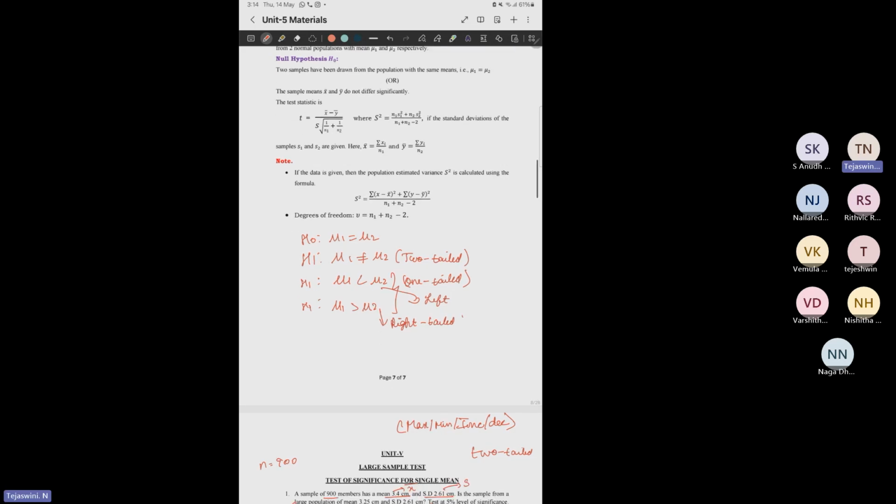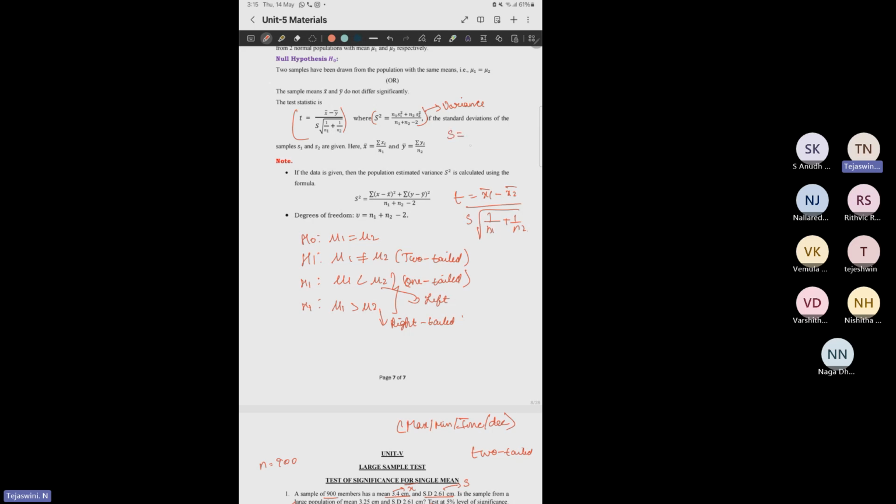So the value of T here will be T is equal to x1 bar minus x2 bar divided by s into root of 1 by n1 plus 1 by n2. So the value of s will be, this is s square, that is, this is variance. Be careful, this is variance. We need only standard deviation.